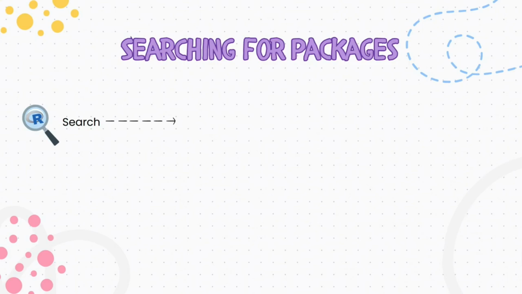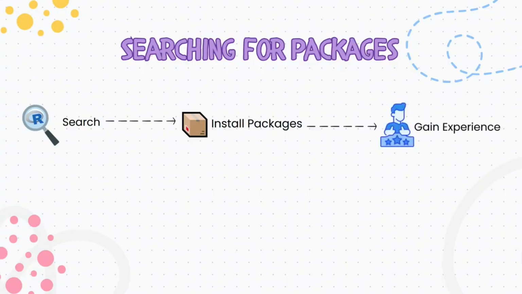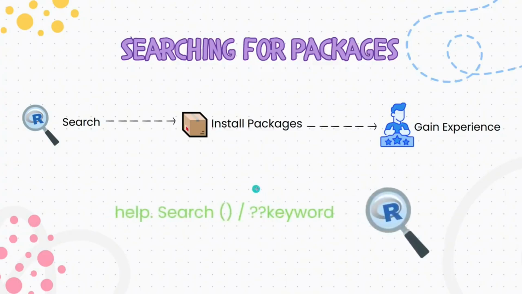As you gain experience by installing packages, you will learn what packages are commonly used for different tasks. Inside of R, help.search or question mark keyword are used to search through all documentation and installed packages to find the functions related to a specific keyword that you want to search.